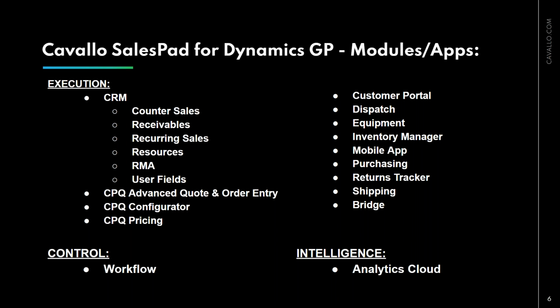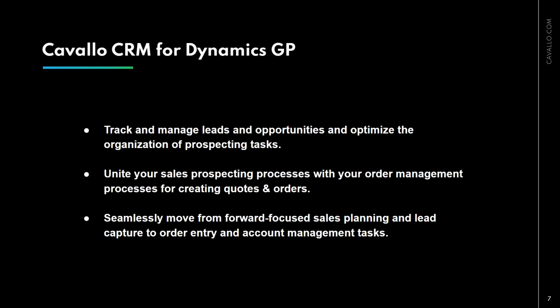And then at which point in time you say, hey, I'm ready to move fully over to the cloud, we can help migrate you over to our distribution cloud product for Business Central to take care of the operational pieces to your business. And then again, there's the control and the intelligence as we've briefly touched on already.